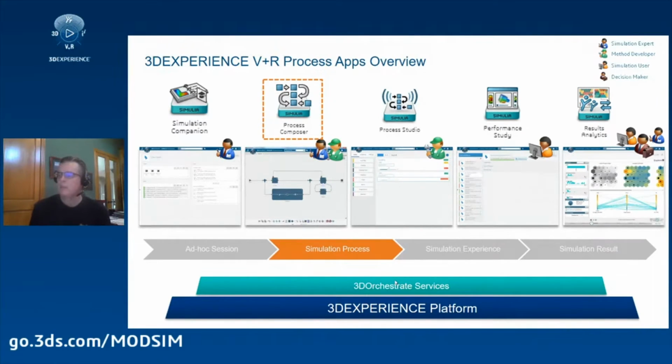All this is done on the 3D Experience platform, making use of something called 3D Orchestrate Services, which allows you to execute your simulations on the compute resources that are available, so that instead of running everything on a local machine, you can make use of whatever compute resources are available.